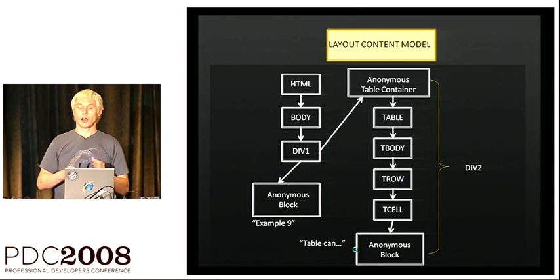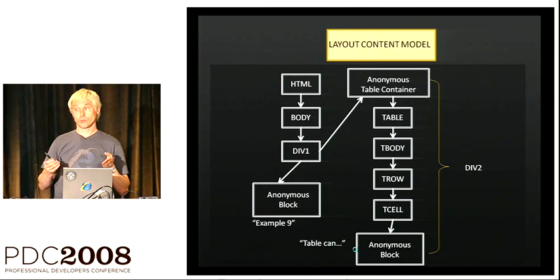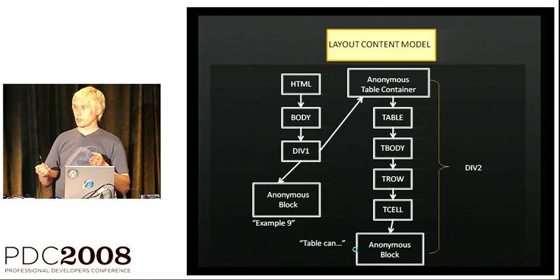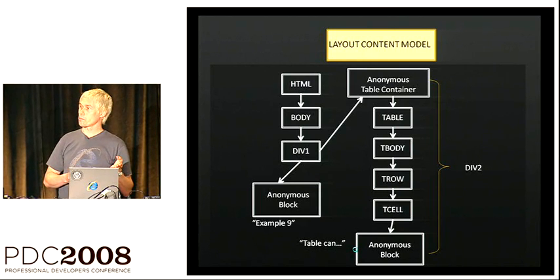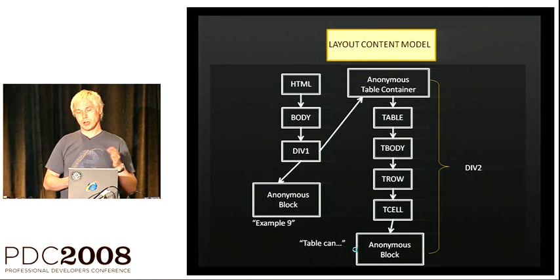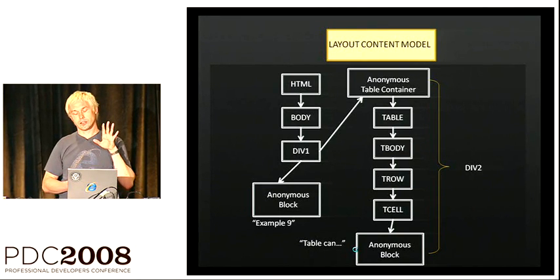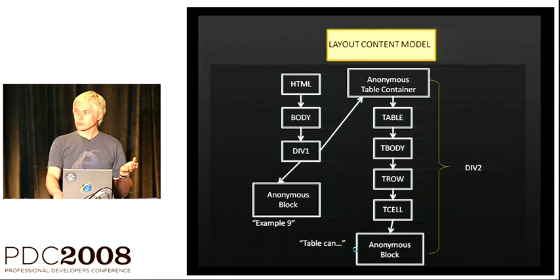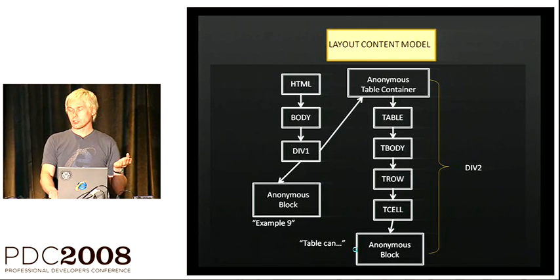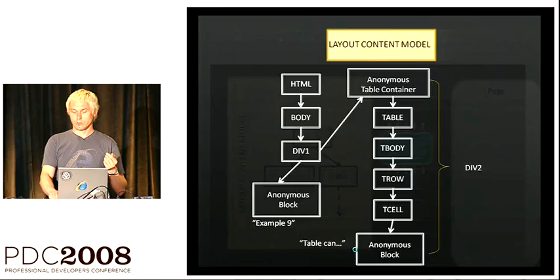So in the outer div, there are two blocks. One of them is a piece of text that becomes an anonymous text block. Another is a table which is wrapped in a table container, and there are several levels of generated table elements. And then there is actually text inside of that.